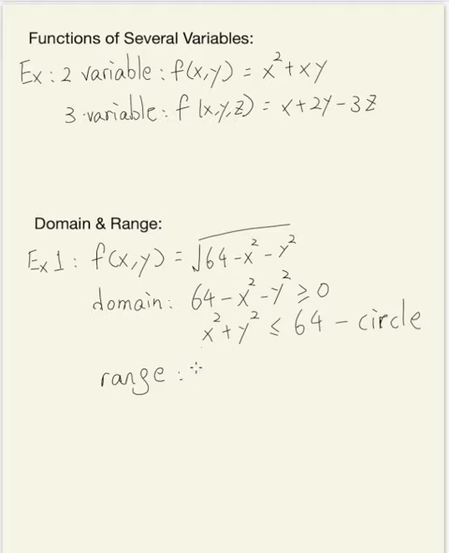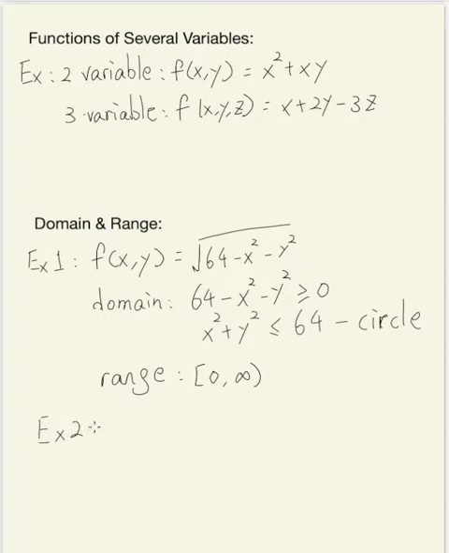Well, the range is simpler. Since f is a square root of something and the only restriction is that the thing underneath the square root is non-negative, the range of a square root is just from 0 to infinity, right? So it's just from 0 to infinity, and that is the range. All right, let's try another one.